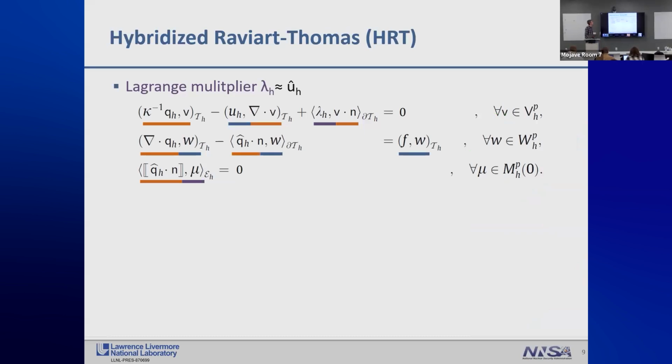Okay, and with that, we are finally getting to hybridization. But starting slowly, we take just continuous Raviart-Thomas elements for now, and introduce the Lagrange multipliers, and also break the continuity of these fluxes and enforce it weakly through this term and this constraint here.